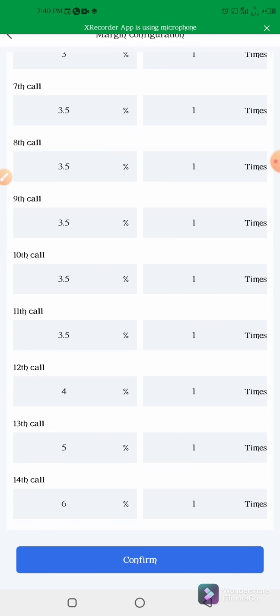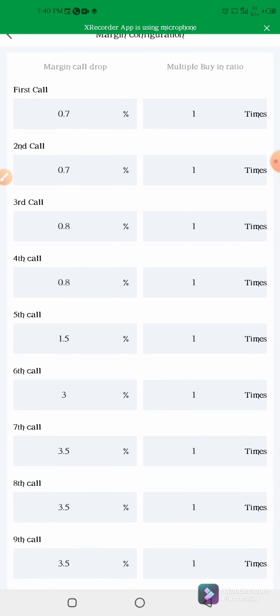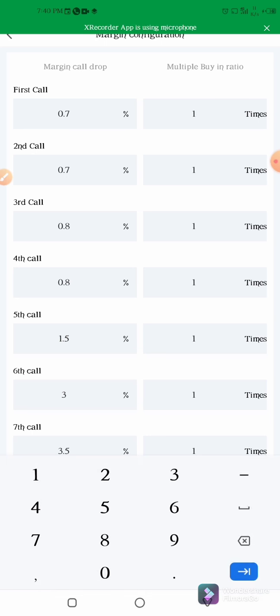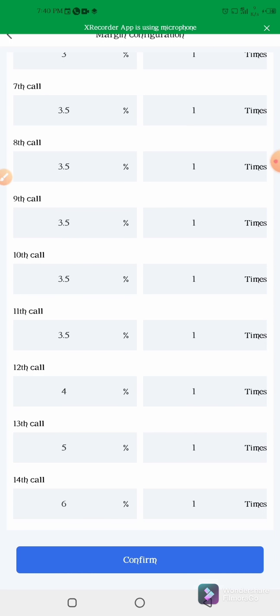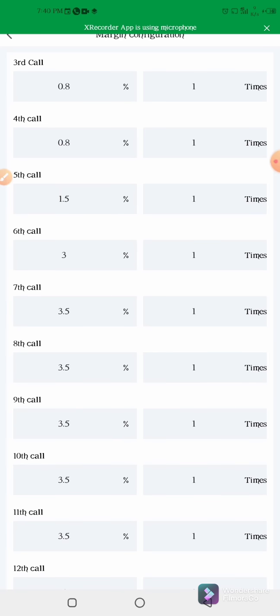You buy more at the top as you go on. You buy more at the top. Okay, more than sorry, you buy more at the bottom, at the 14th call, 13th call, more than the previous ones.